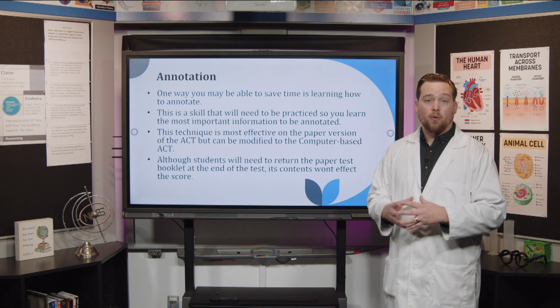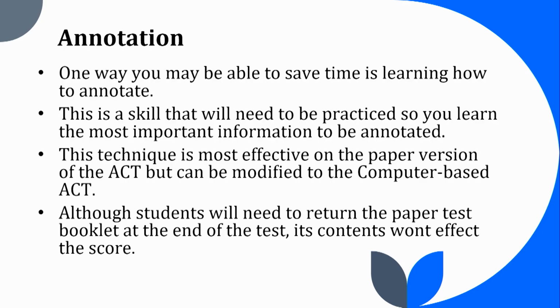So first of all, I wanted to talk about annotating. One way you may be able to save some time is learning how to annotate. Annotation is a skill that will need to be practiced so you learn the most important information to be annotated. This is not something you can just do the day of the test. If you want to take advantage of this, you're going to have to practice doing it a couple times.